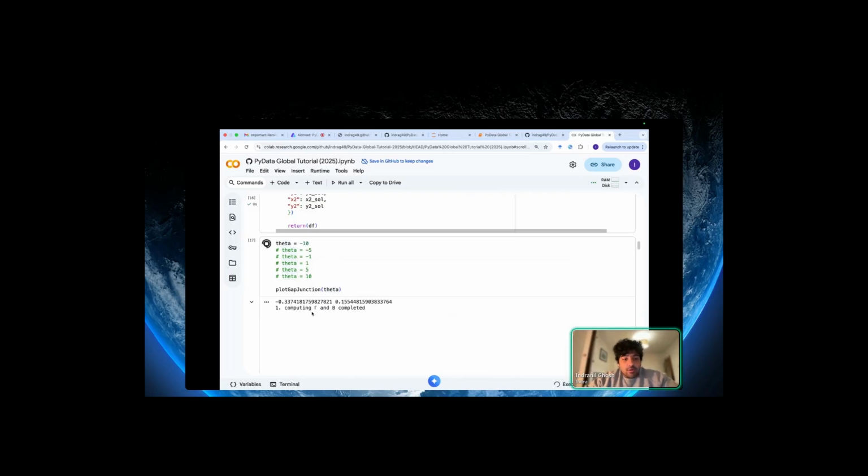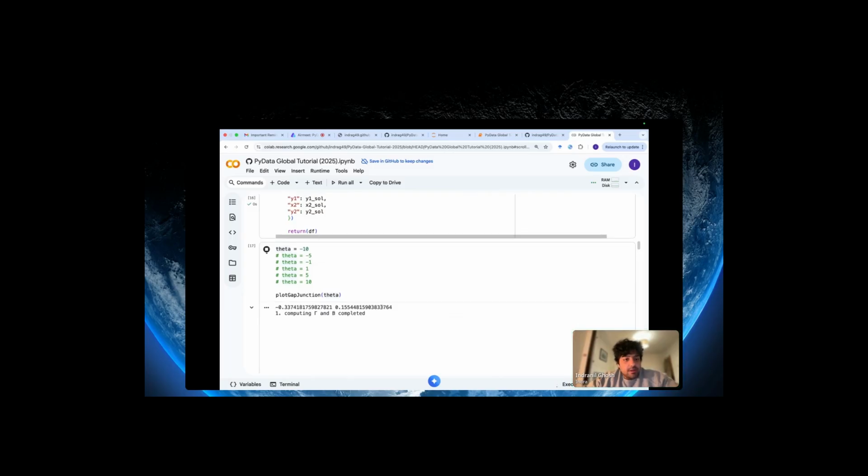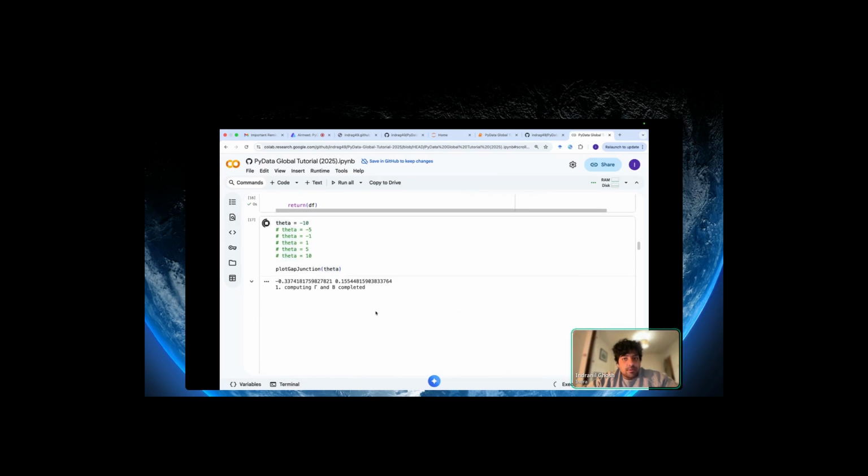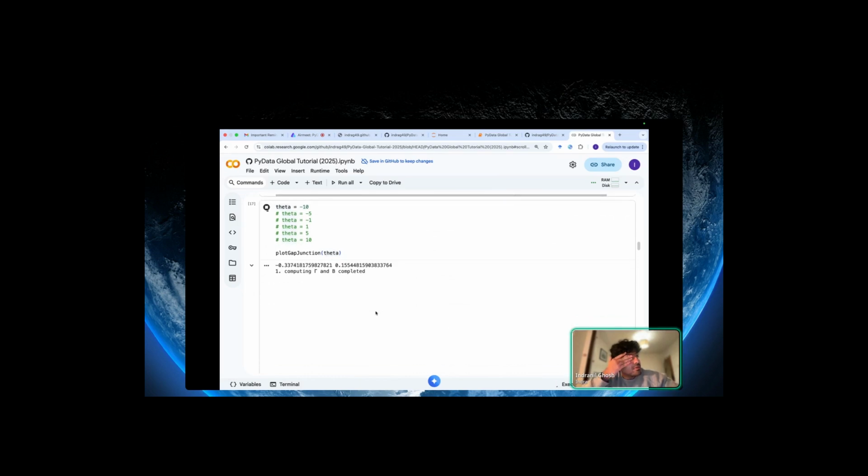So the computing of the cross correlation coefficient gamma and the Kuramoto order parameter beta is done. The next thing that it's going to compute is the chaos quantification.